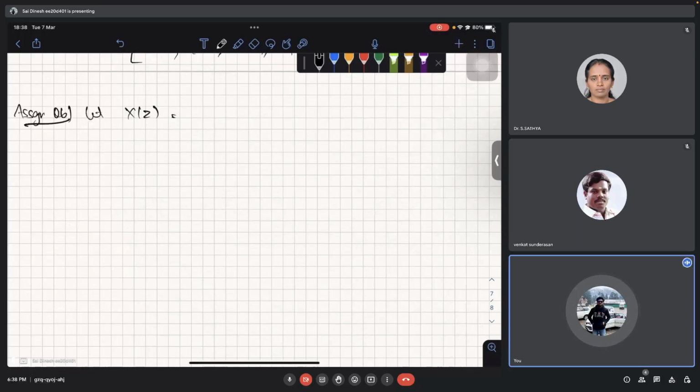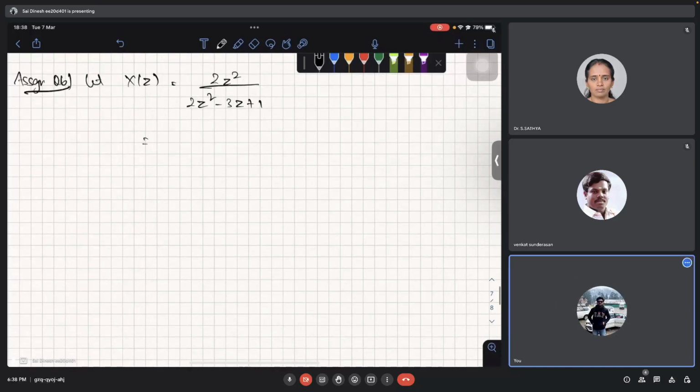So x of z is equal to 2z square by 2z square minus 3z plus 1. If you factor out z square common from both and cancel them out, you will get 2 by 2 minus 3 z inverse plus z power minus 2.